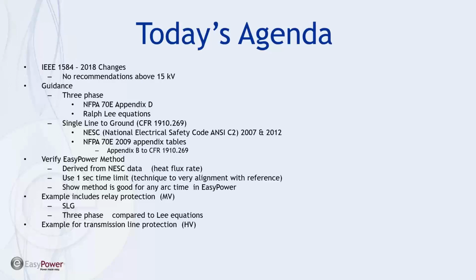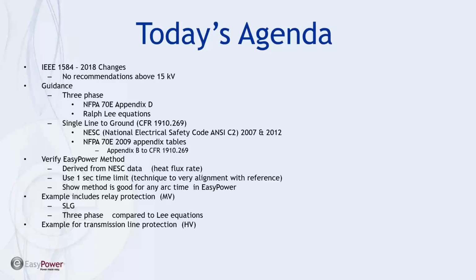Ralph Lee's equations have been around since the early days of understanding arc flash, and then there's the potential for using NFPA 70E Appendix D, what's listed there, which would include IEEE 1584 extended out beyond the 15 kV.